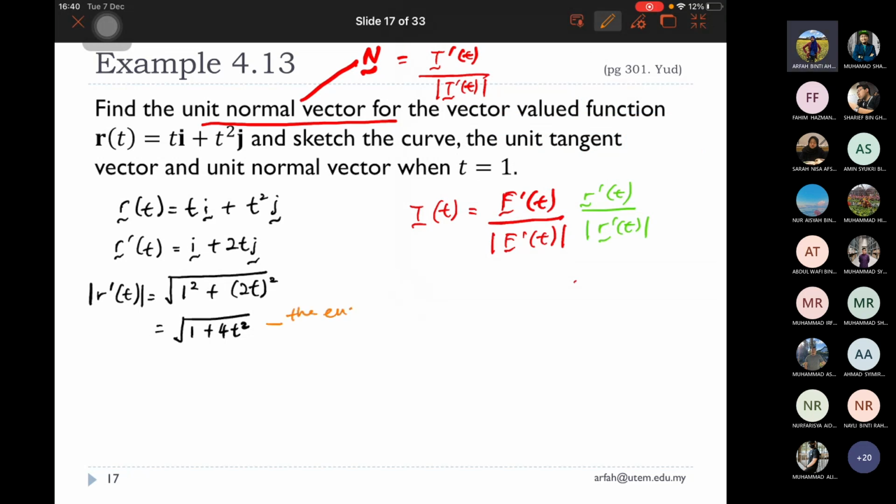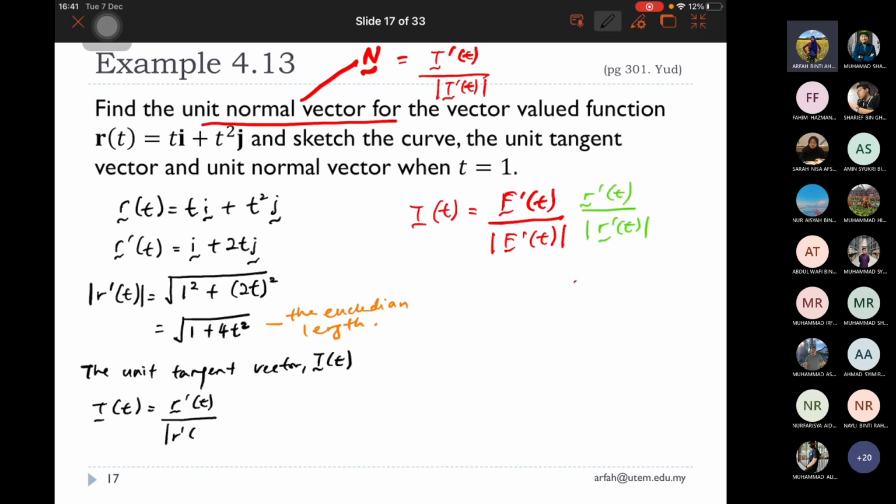The Euclidean length. So daripada sini awak boleh dapatkan dia punya unit tangent vector, T of t, akan sama dengan r prime t divided by the Euclidean length of r prime t.